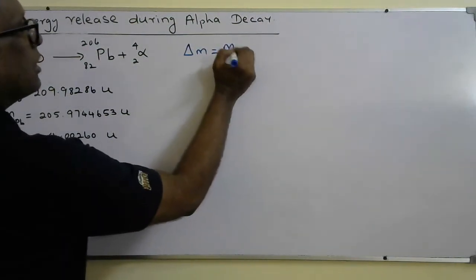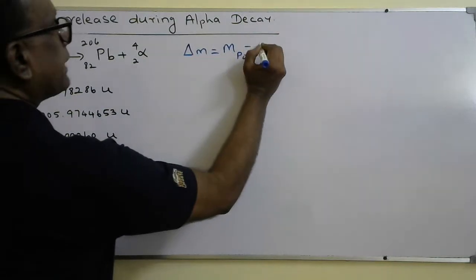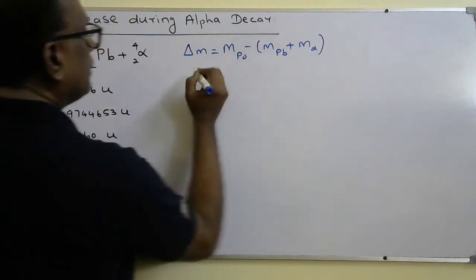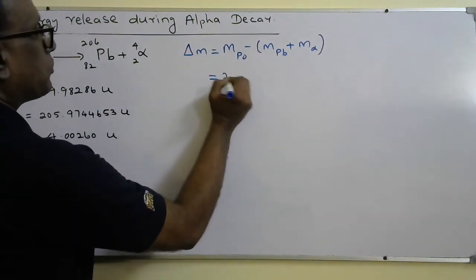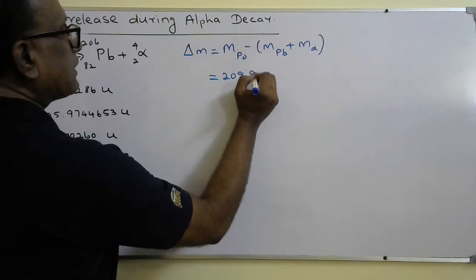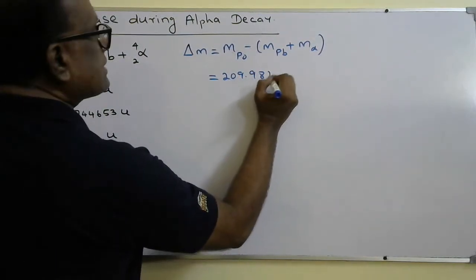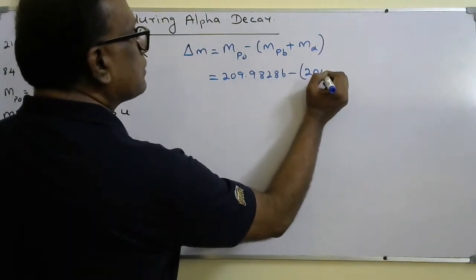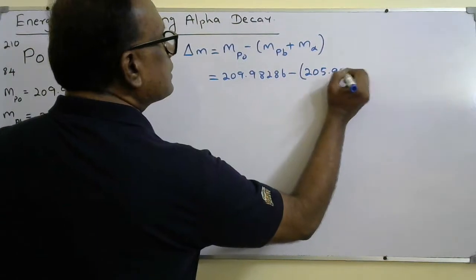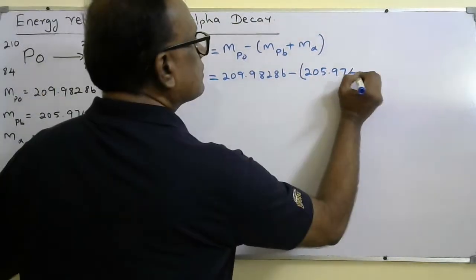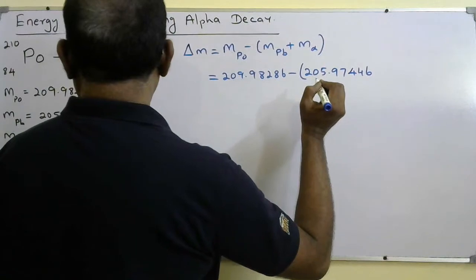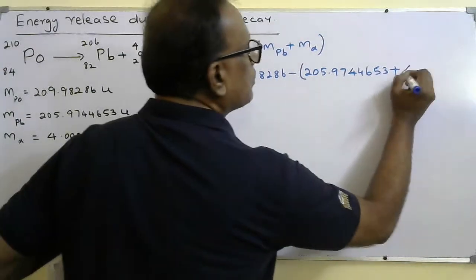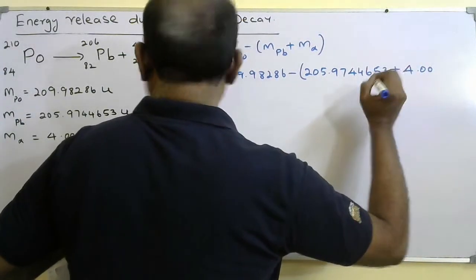Delta M is equal to mass of the polonium minus mass of lead plus mass of alpha. So that is mass of polonium 209.98286 minus mass of lead 205.97446 plus mass of alpha 4.00260.